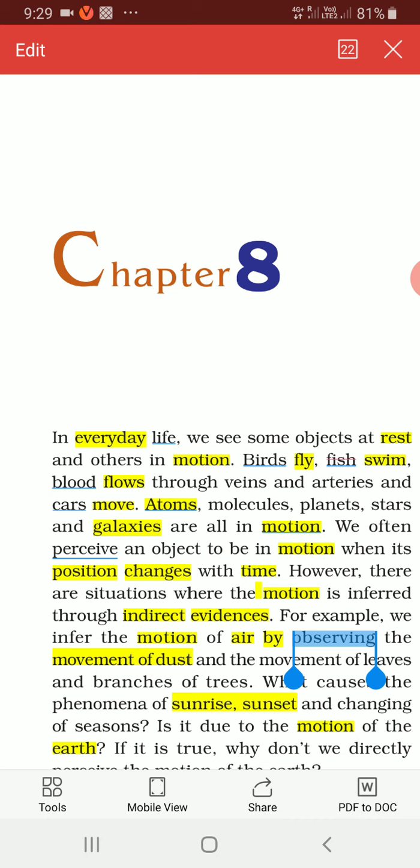So these are all continuous motion. And inside matter, atoms and molecules are present. They are also moving, vibrating.